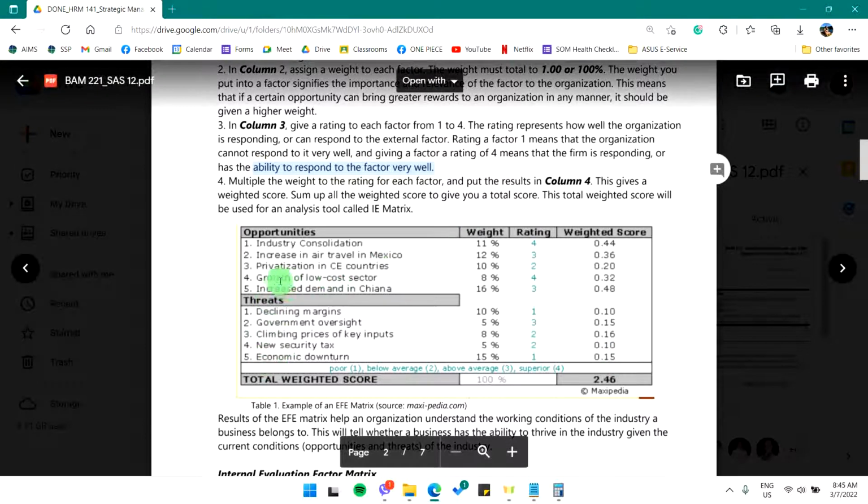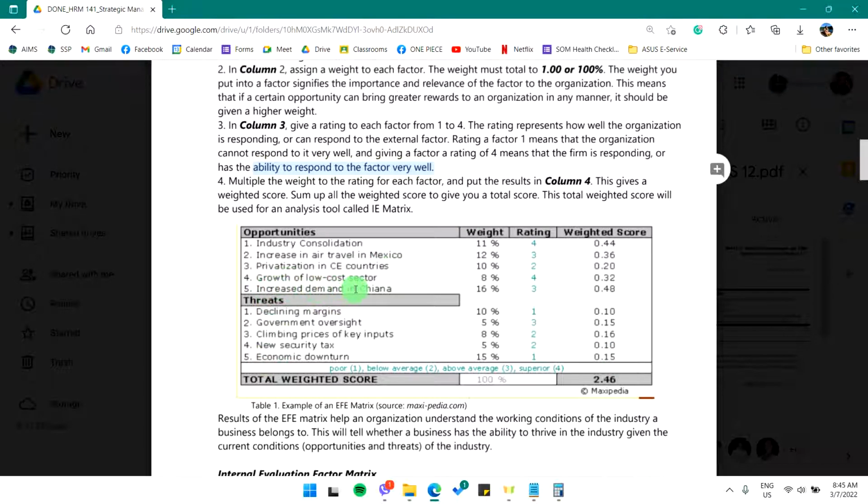Compared with this key factor, no, increased demand in China. We graded the weight value 16%. Siya yung may pinakamataas na weight value sa lahat. Ibig sabihin, siya yung pinaka-importanting key factor sa lahat. And we rated it 3. Ibig sabihin, maganda ang ating response dito sa opportunity na to.